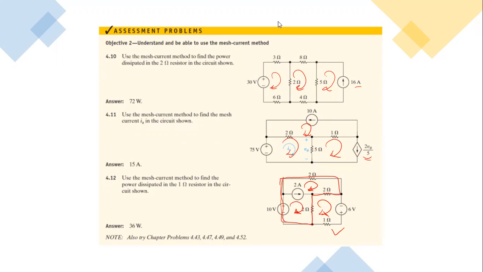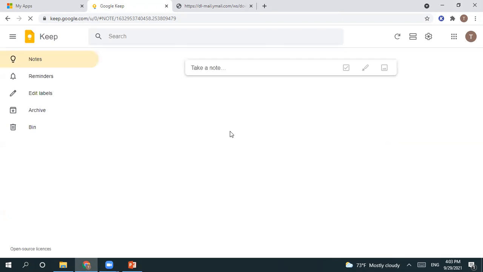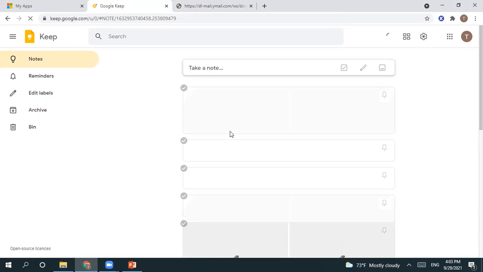Okay, any questions, please? Okay, then let me go to the whiteboard, and I will start with one example to solve.